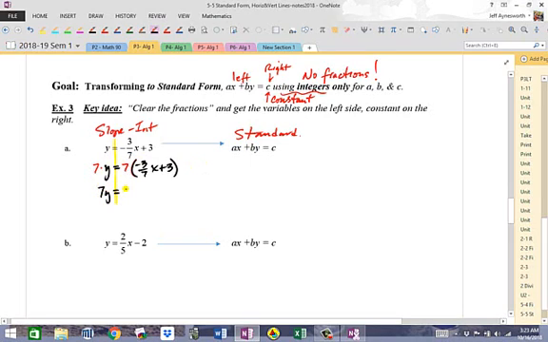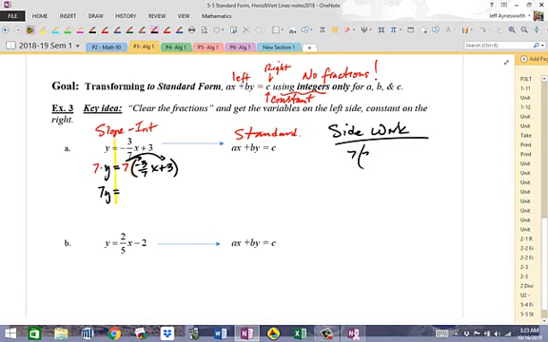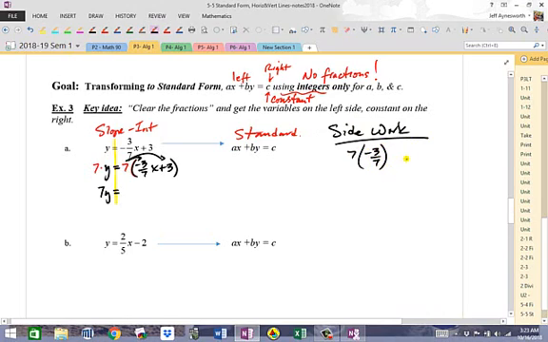And then here you distribute, and you have to be good at your fraction work. So let's do a little side work here. 7 times -3/7. When you multiply, you have two options here. You can divide first or multiply first.